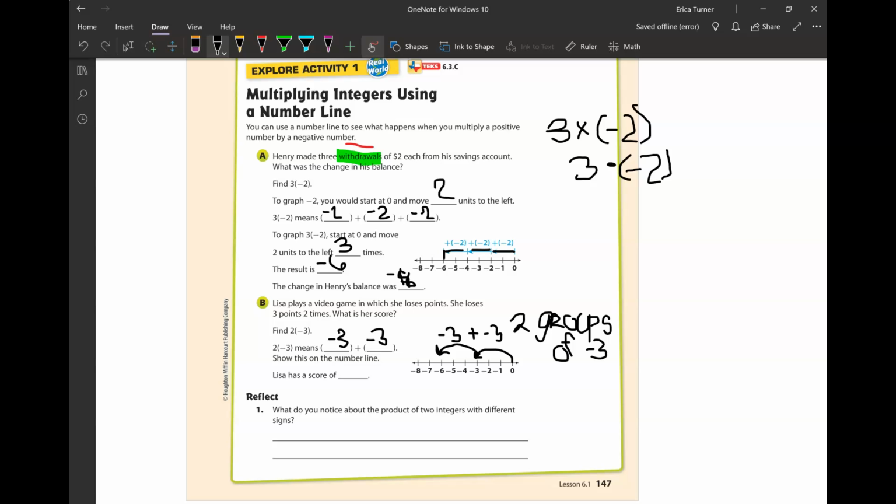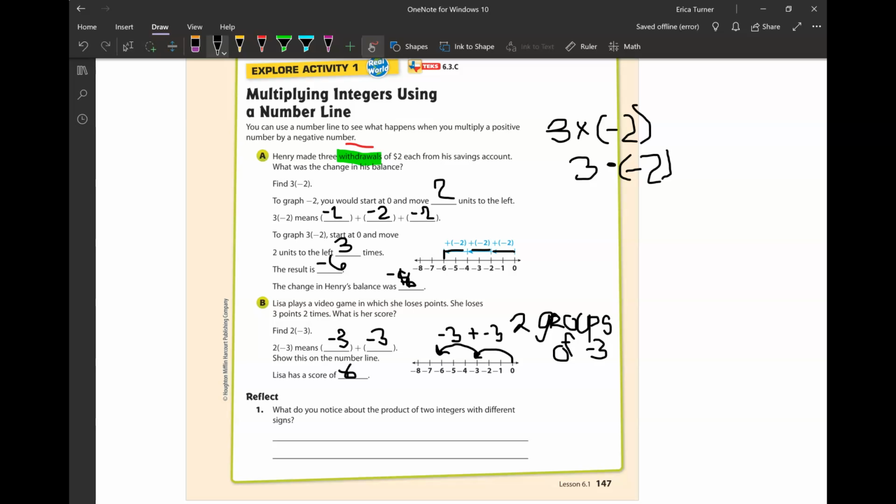Remember, multiplication is just repeated addition. When I'm adding integers with the same sign, all I do is add and keep the sign. So Lisa has a score of -6.